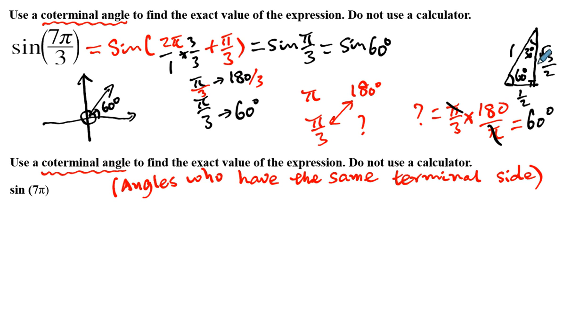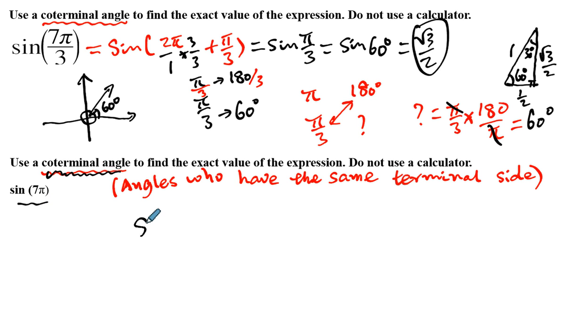So sine 60 degrees is opposite side over hypotenuse, so that's radical 3 over 2. Final answer.